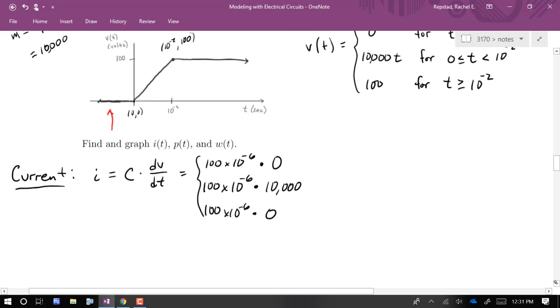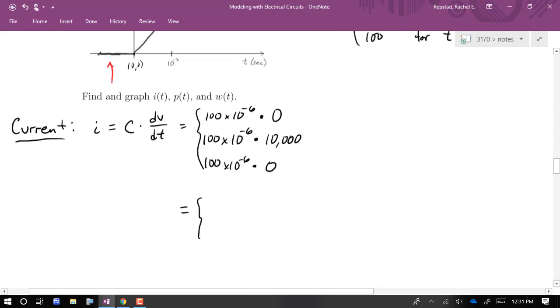So simplifying these, we have a current of 0 for t less than 0.